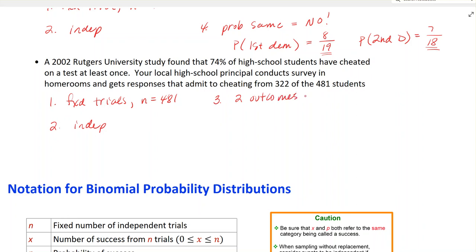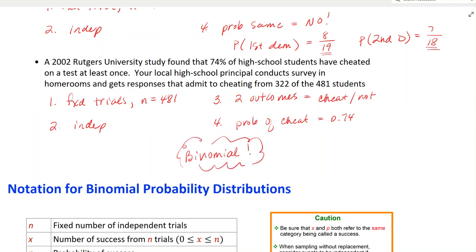Yes, there are 2 outcomes here, whether you cheated or not. So cheat or not. And then 4th, what's the probability of cheating? So the probability of cheating is, according to this study, 74% or 0.74. So because we have been able to meet all 4 criteria, this is only the second one of our 5 examples that did meet the binomial distribution criteria.